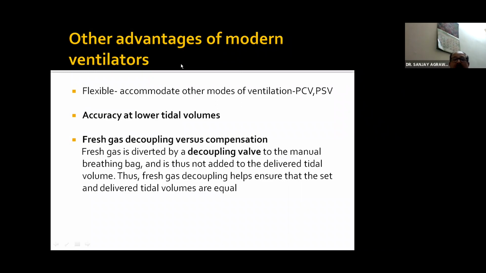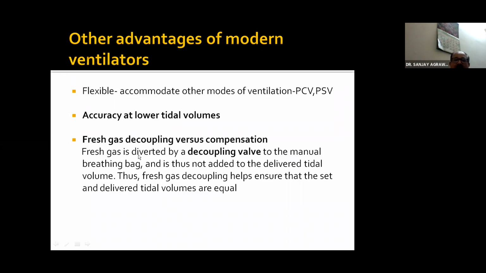Other advantages of modern ventilators are that they are flexible. They can accommodate many more modes of ventilation that I have already talked about. All the newer modes of ventilation, which we use even in the ICUs, can now be incorporated into the anesthesia machine. They are very accurate at delivering low tidal volumes.